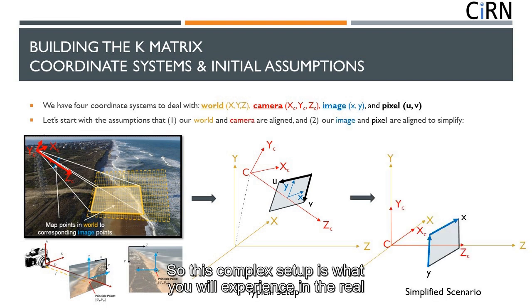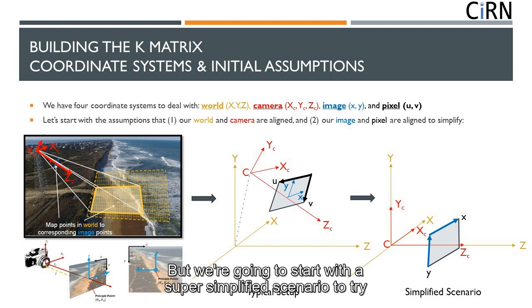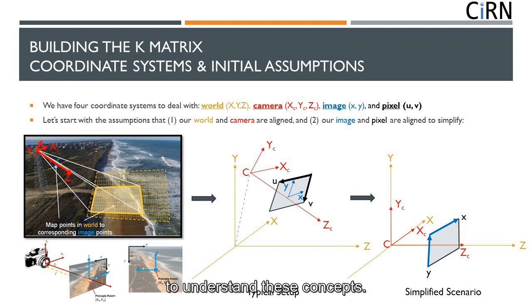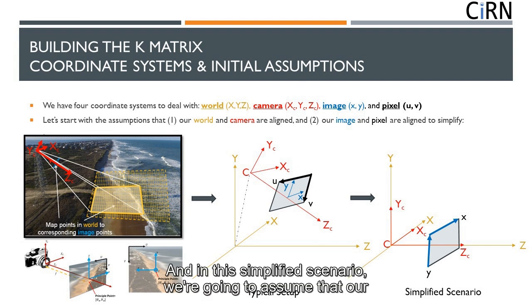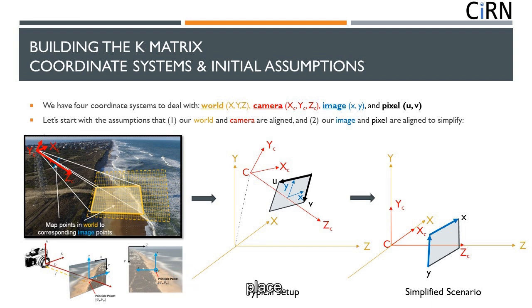So this complex setup is what you will experience in the real world, and we will build through how to deal with that. But we're going to start with a super simplified scenario to try to understand these concepts. And in this simplified scenario, we're going to assume that our world and camera are already aligned and centered in the same place.